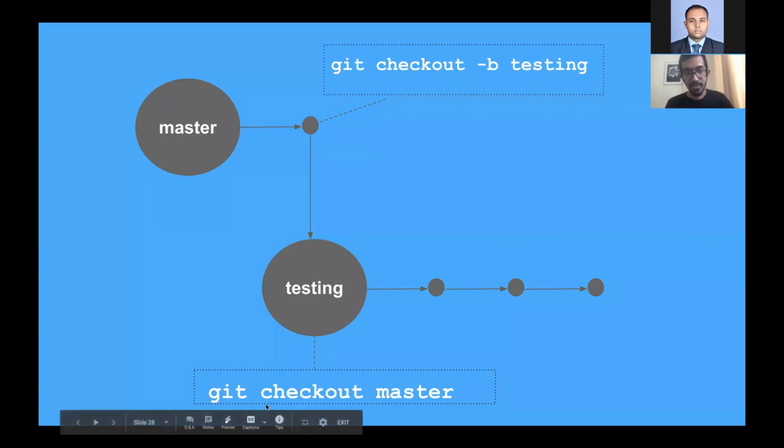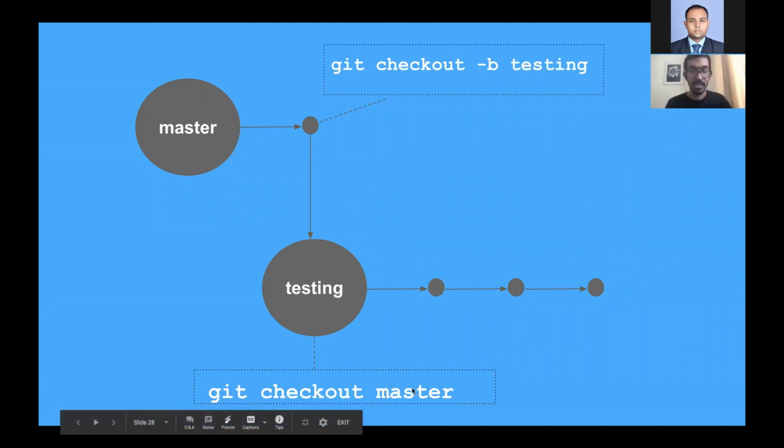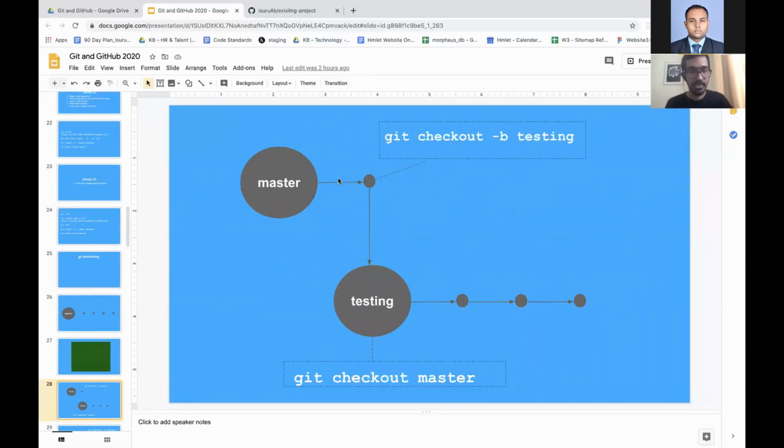When we use git checkout master, it goes to the master again. Actually, we are moving our workplace from master to testing. When we run git checkout master, it changes back to master. I will show you how we can do this.